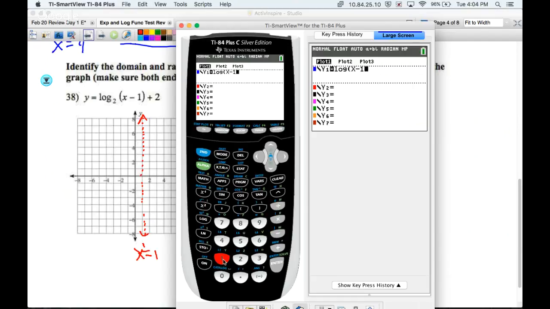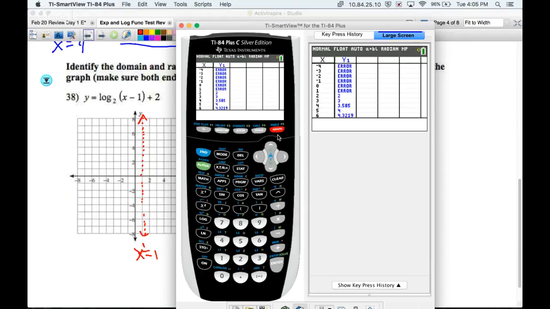Use a change of base formula to plug this in. And we'll now look at the table to try to find our ordered pairs. 1 is our first error message, so that's lending support to the fact that 1 is our vertical asymptote.